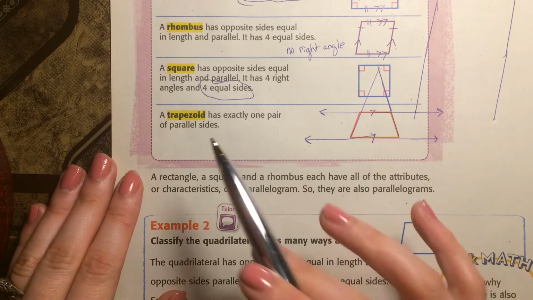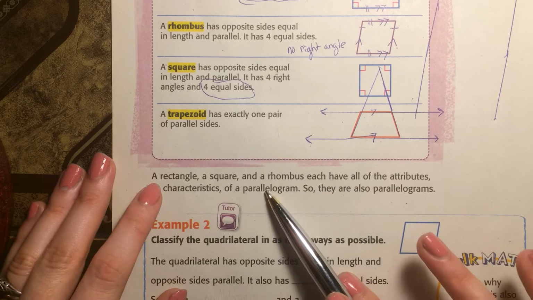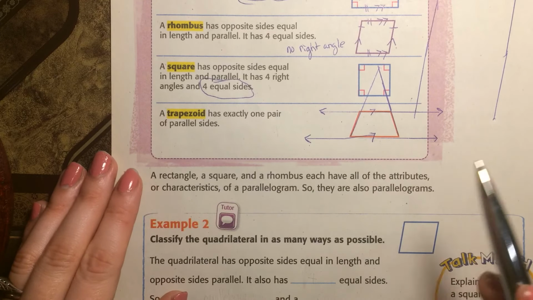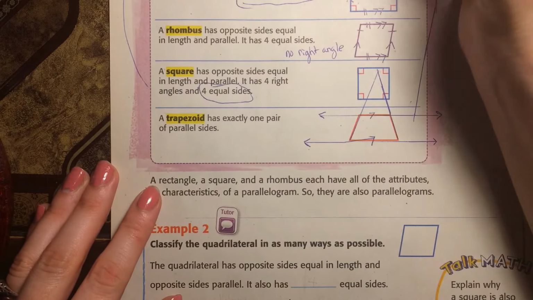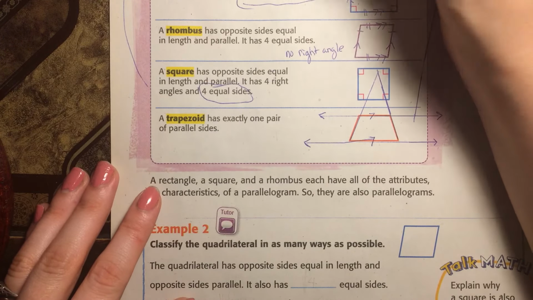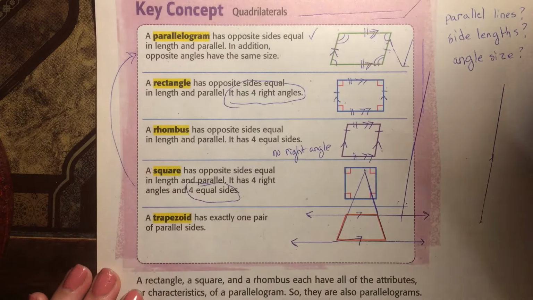But a rectangle, a square, and a rhombus each have all of the attributes and characteristics of a parallelogram, so they are also parallelograms. Because a square fits this, opposite sides equal, opposite lengths equal, opposite angles the same, it's also a parallelogram.